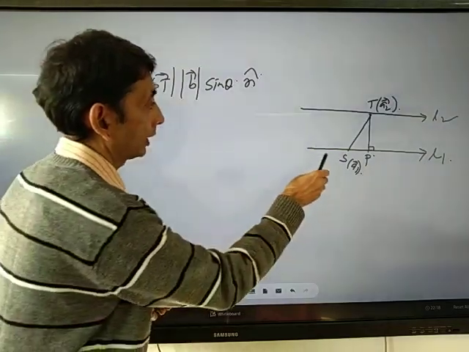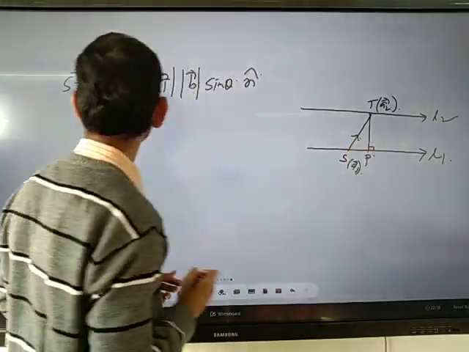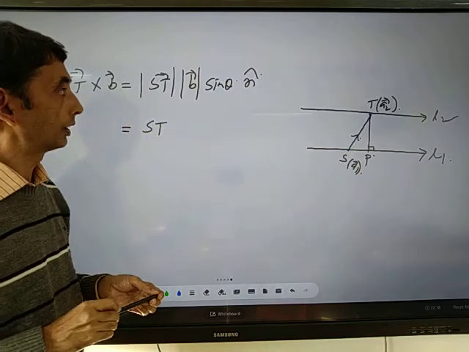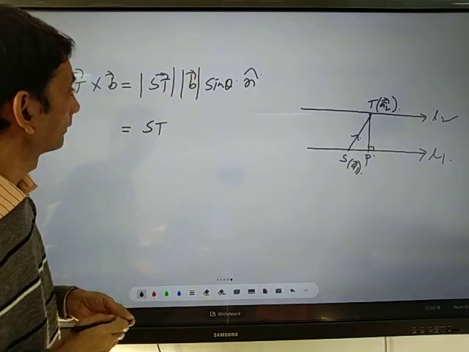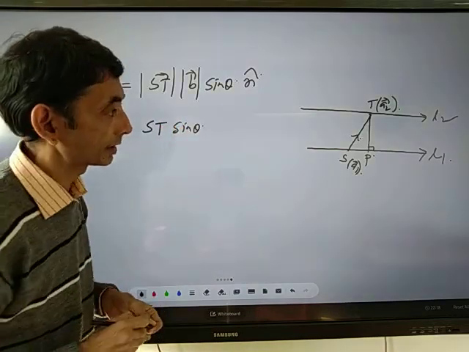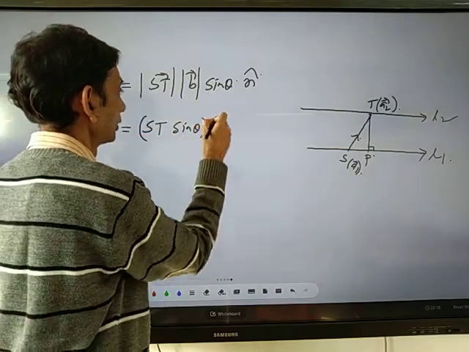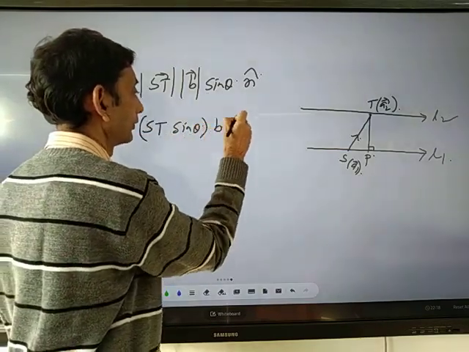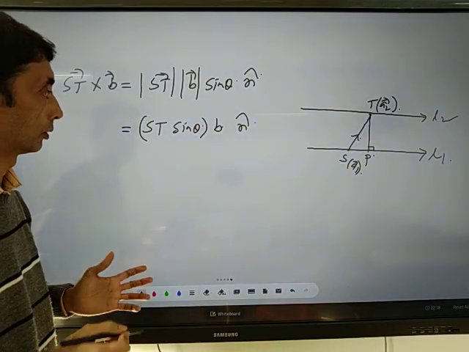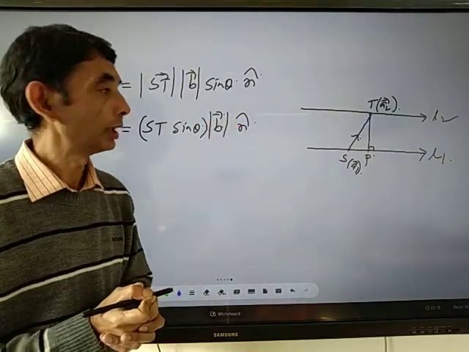Now this is ST, so mod ST we can just write as ST, and then this is sin theta. So ST sin theta, then mod b we can just write as mod b, into n cap.